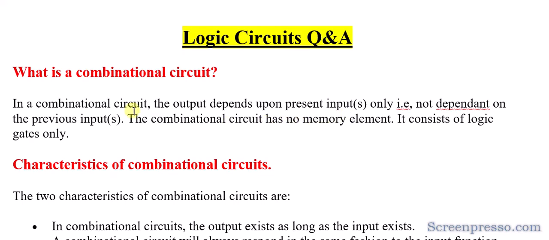So when I say there is no memory element, then definitely it depends only on the present inputs. Whatever I am applying currently, right now, as input, only for that will I expect some output. That particular circuitry is called combinational circuitry.